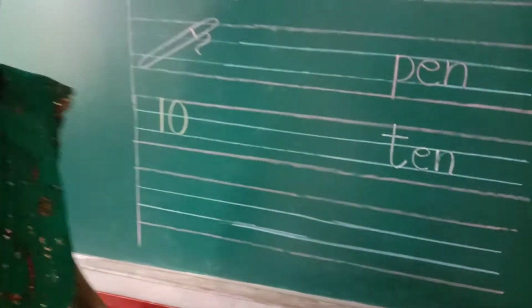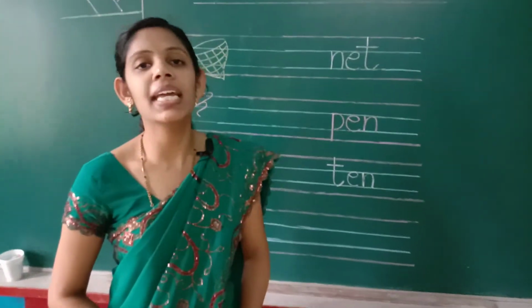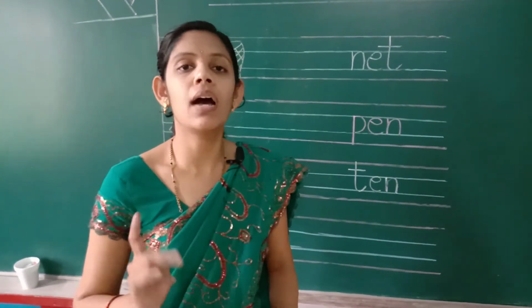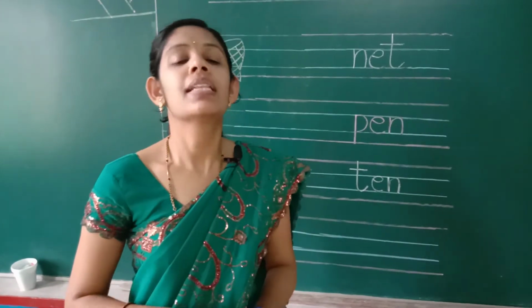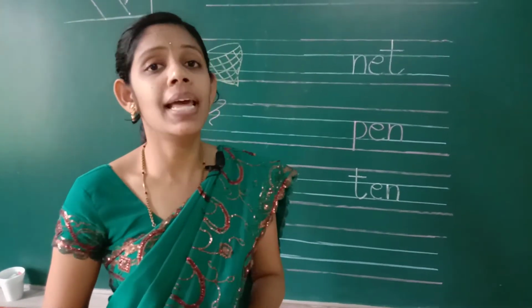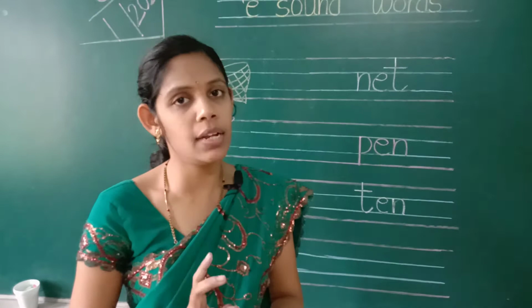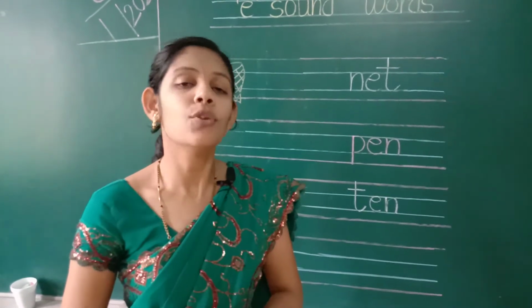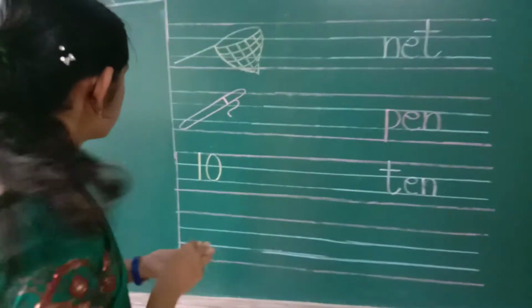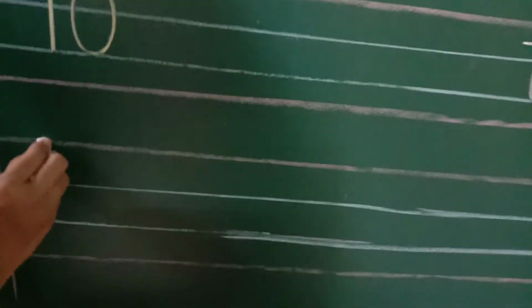Understand student? What is the spelling of 10? T-E-N, 10. Now the turn of the last picture, that is the picture of leg. Everybody has two legs? Very good. With the leg what are you doing? You are walking, jumping. So let's draw the picture of leg.